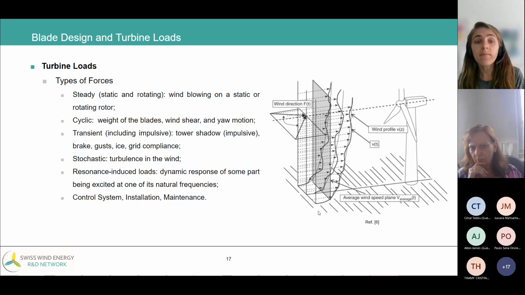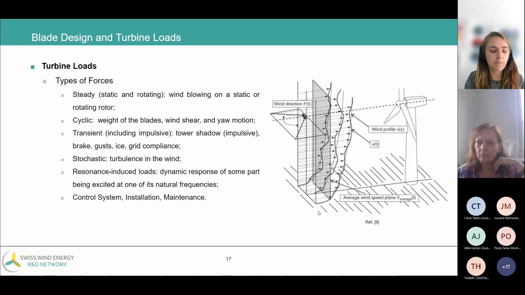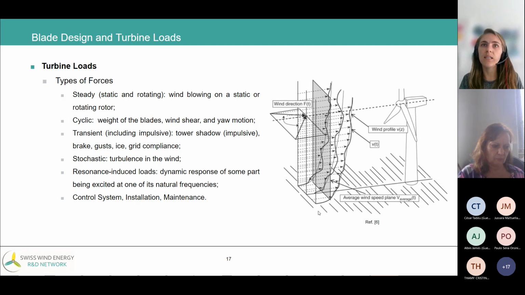You have probably already heard about wind shear, but it is basically the difference in wind speed from the base of the wind turbine until the top. So you can have differences of 3, 4, 5 meters per second in different positions of the rotor. And again, if you have the wind blowing from one side, your blade will experience different loads on one side and another side of the rotor. Then this also needs to be taken into consideration.